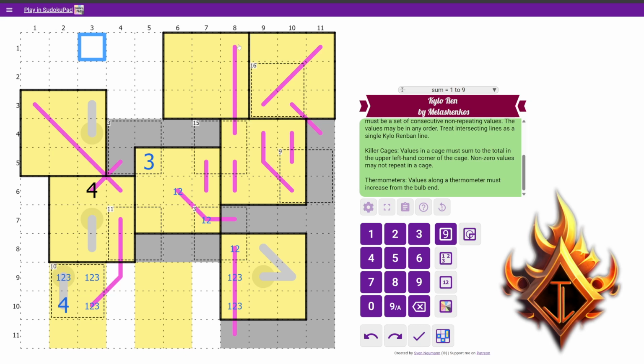Well, yeah, I mean, there aren't three boxes horizontally or vertically that are all on the same three rows or columns. Part of boxes are, but definitely not all. So those will be 1 through 9, obviously.